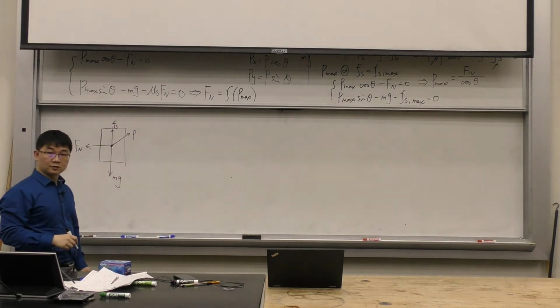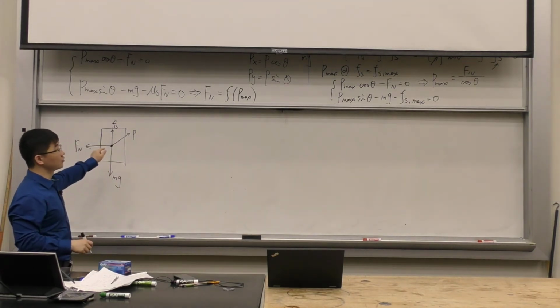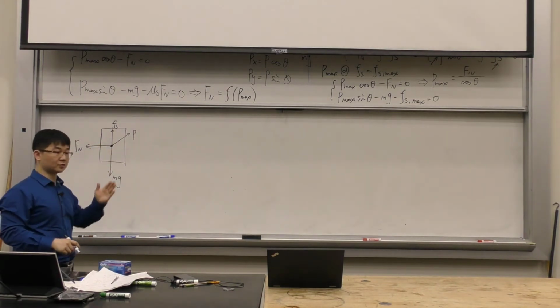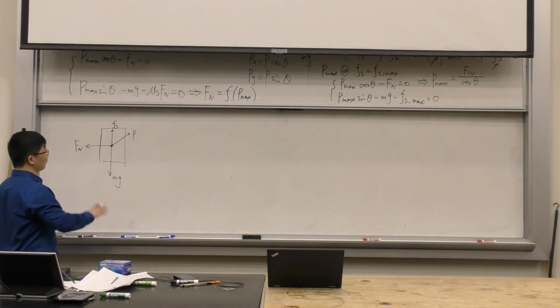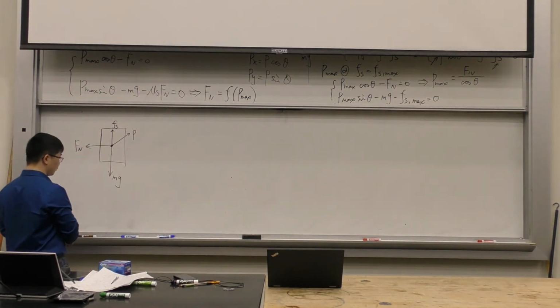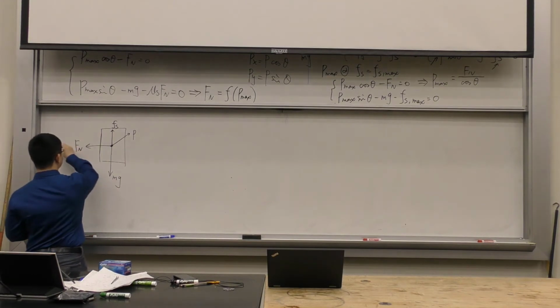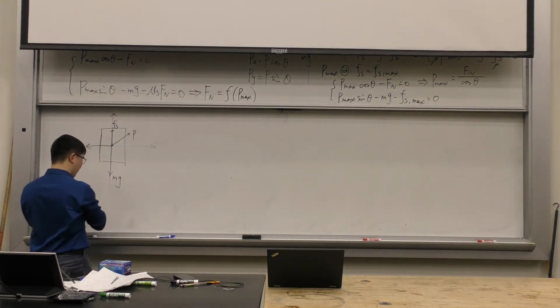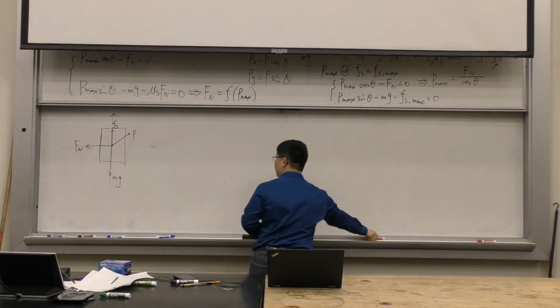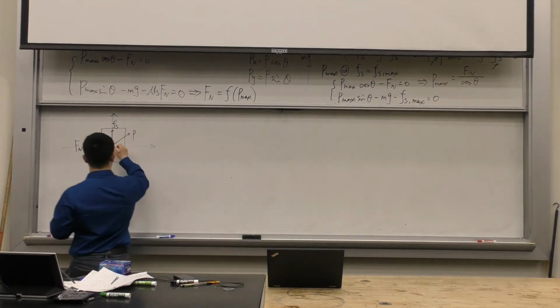right? So the static friction force changes direction, right? If the P force becomes very small, because now it has a tendency to slide down, okay? Now everything else is going to be the same. You still break this P force into x and y direction, okay? So you're going to still break it into x and y, so you still get Px and Py.